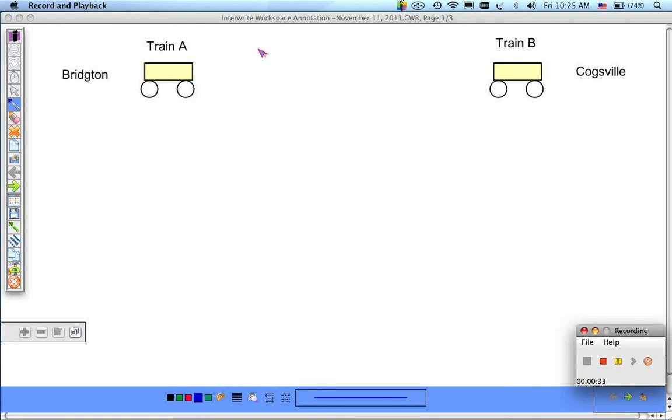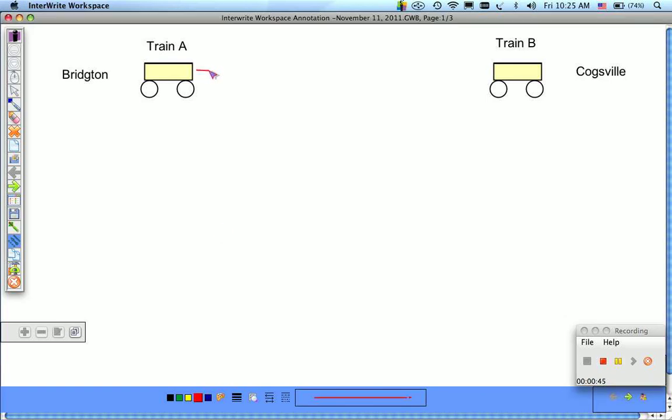So let's add some detail to this diagram. Let's give train A and train B some vectors. What I'm showing here is a vector that indicates the direction at which train A is headed.